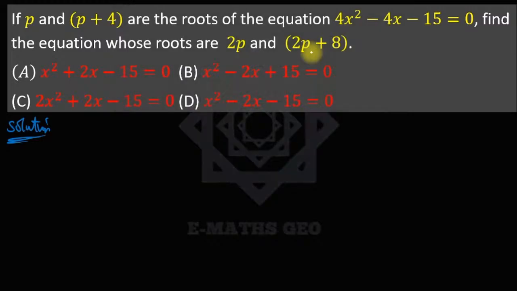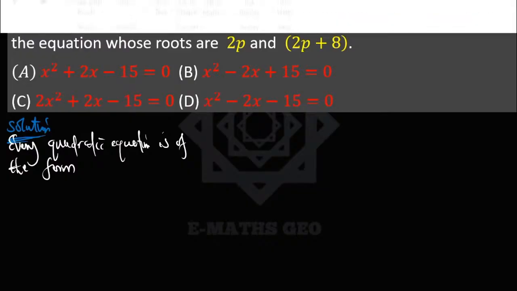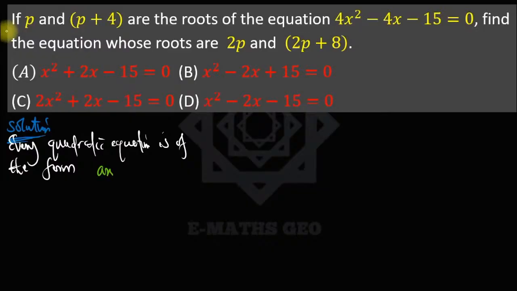First of all, you need to know that every quadratic equation is of the form ax squared plus bx plus c equal to 0.